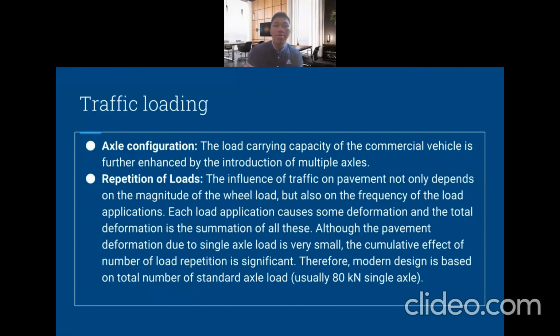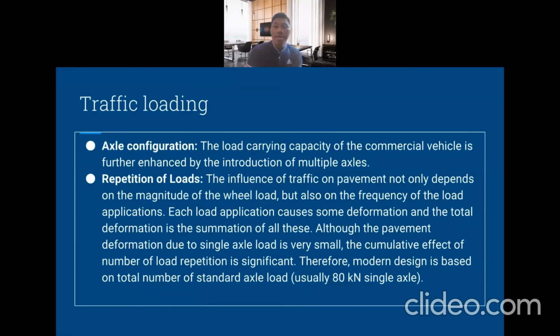Each load application causes some deformation, and the total deformation is the summation of all of this. Although the pavement deformation due to single axle load is very small, the cumulative effect of the number of load repetitions is very significant.